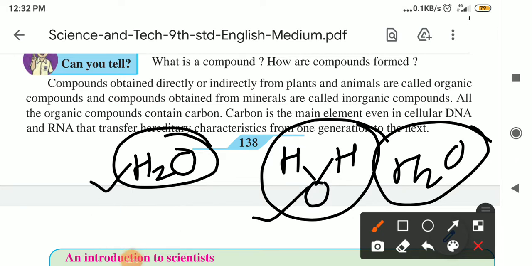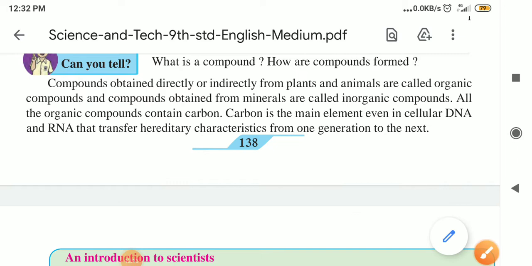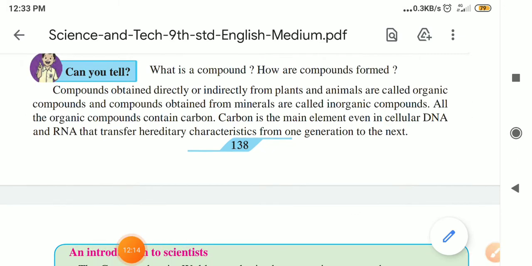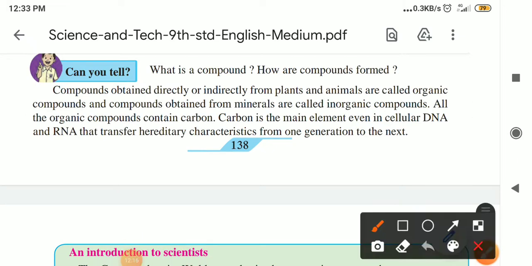So this is called a compound. So what is a compound? Compounds are made up of more than one type of atom, and a bond forms between the 2 or more atoms and it forms the compound.